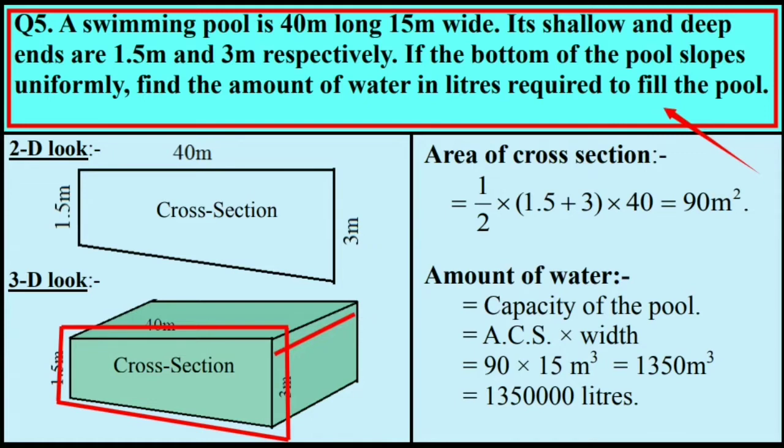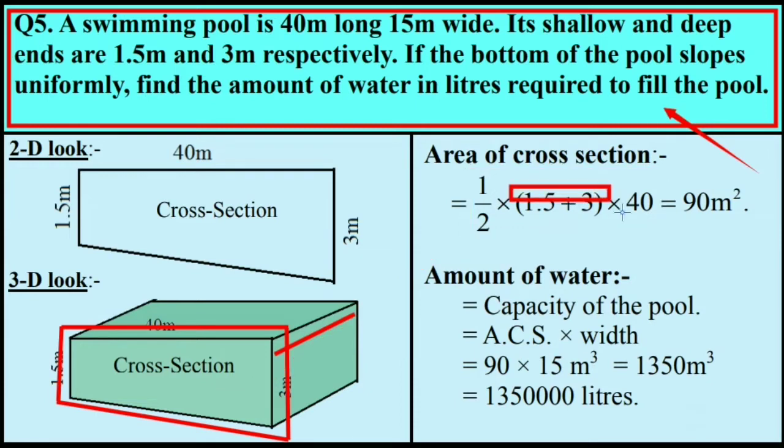Since the area of cross section here is a trapezium, by formula its area is half multiplied by sum of parallel sides multiplied by the distance between them.